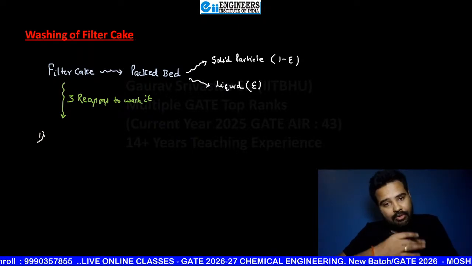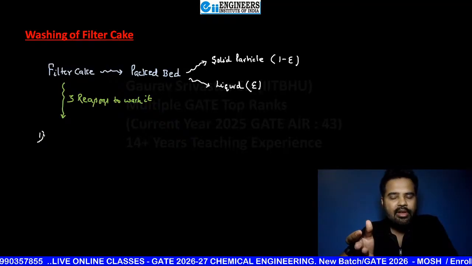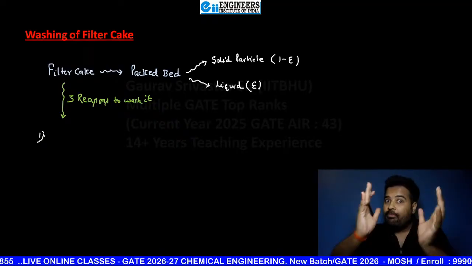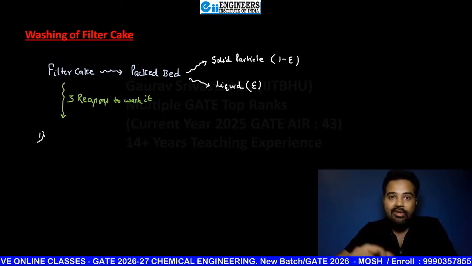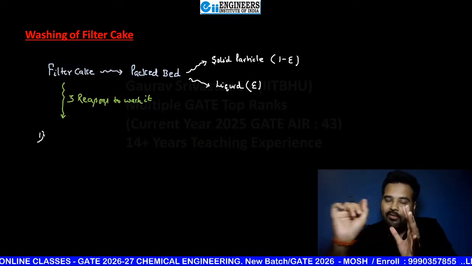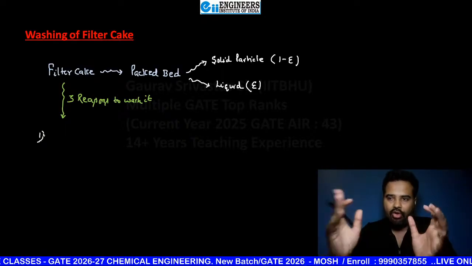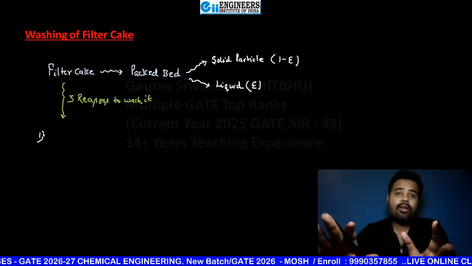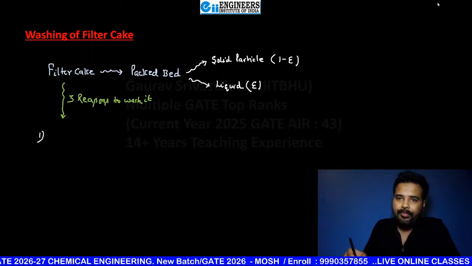So for that purpose we are going to wash our filter cake. In Hindi, your solid inside the cake is very important, a costly material, but it still contains some volume of filtrate or liquid, so the solid is not pure. To make it pure, we want to wash the cake. So the first one is solids are important.